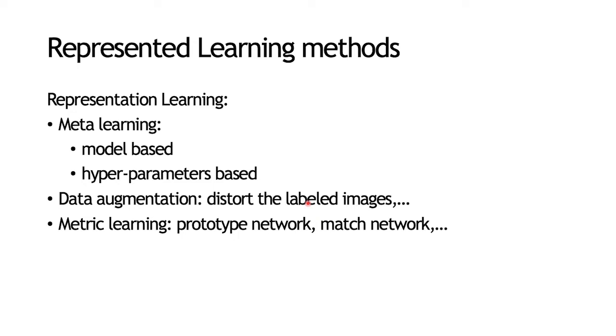The basic methods of data expansion include distorting the labeled images, image rotation, zooming in and out, etc. The third one is metric learning.